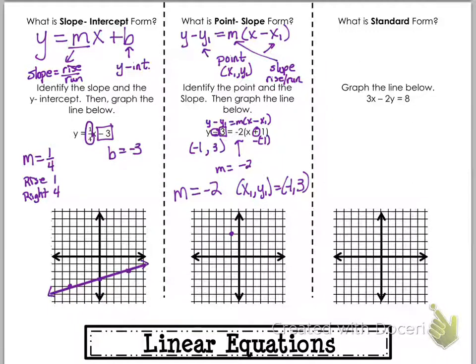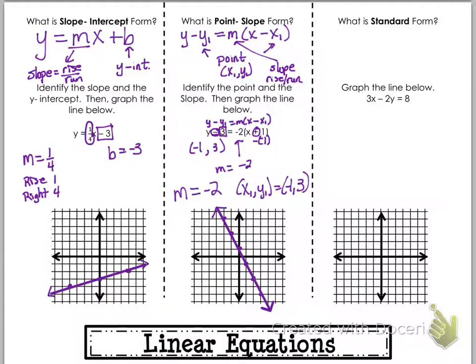Then I have a slope of -2, so I go down 2 and to the right 1, down 2 to the right 1, down 2 to the right 1, or I could go backwards, up 2 to the left 1, and then I'm ready to draw in my line. I have my line drawn through there, and make sure I have my arrows on both ends for my line. That's how I would graph that one.